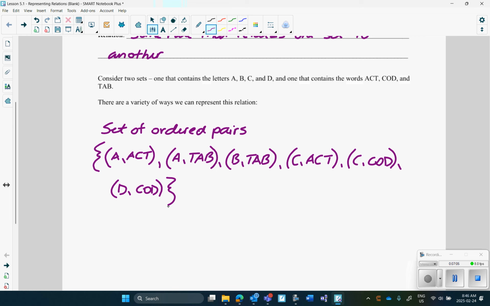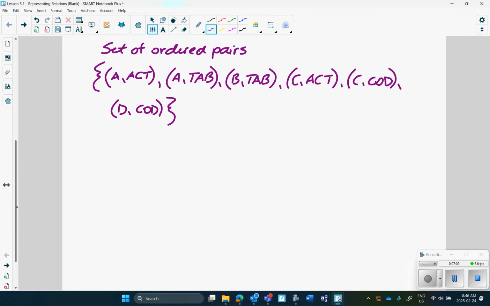Okay? We should do a table. So it would be very similar to what we just did. We would have letter and the words that letter appears in.